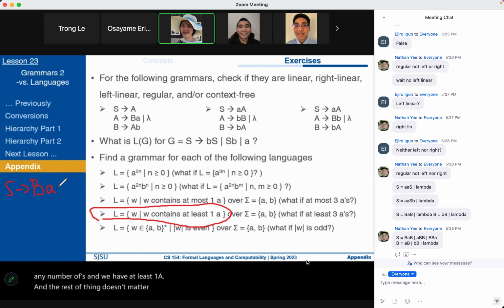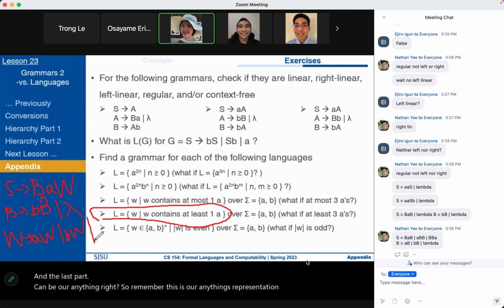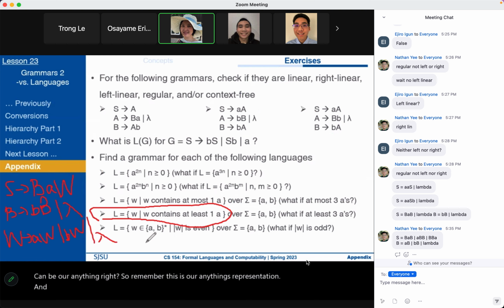Let's just call it W. The first part can be any number of B's, and the last part can be anything, right? So remember, this is our anything's representation, W. Okay, so that's our direct translation.